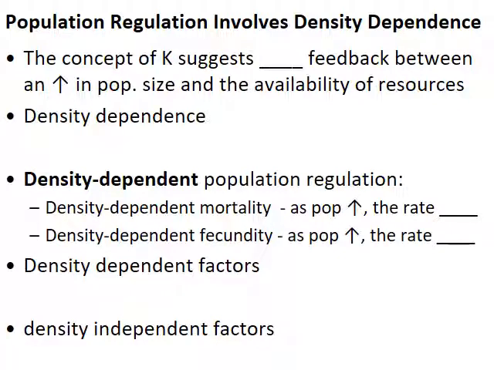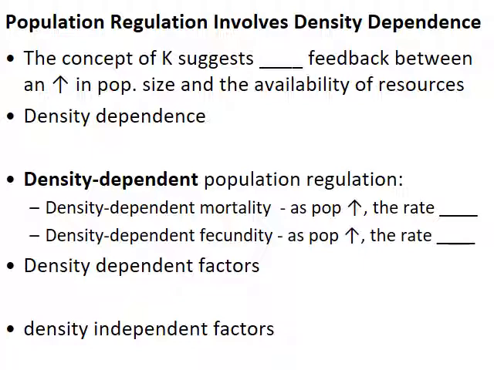When there's density dependent mortality, as population increases, the rate of mortality increases. The more individuals there are, the more individuals die. With density dependent fecundity, as population increases, the birth rate decreases. Same as what we saw before: the more individuals there are, we'll have a lower birth rate and a higher death rate.